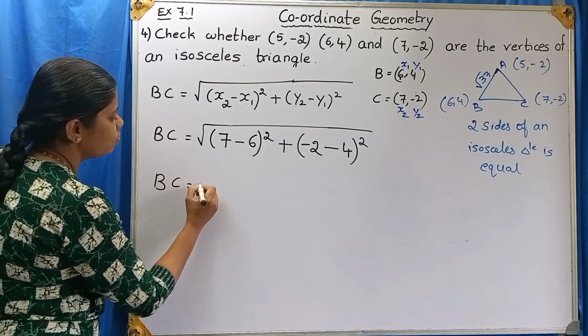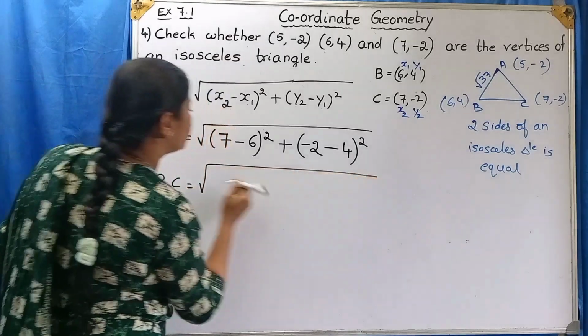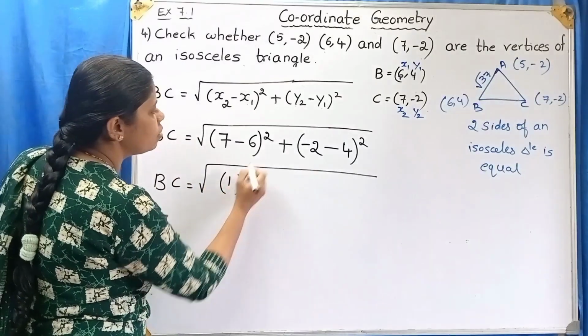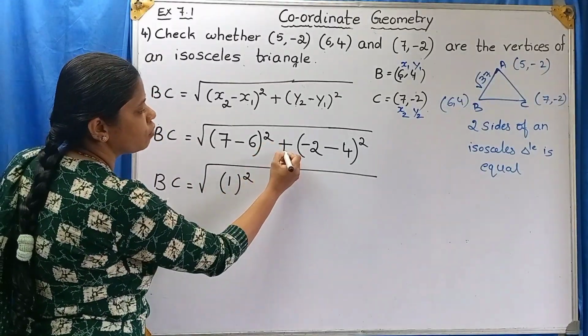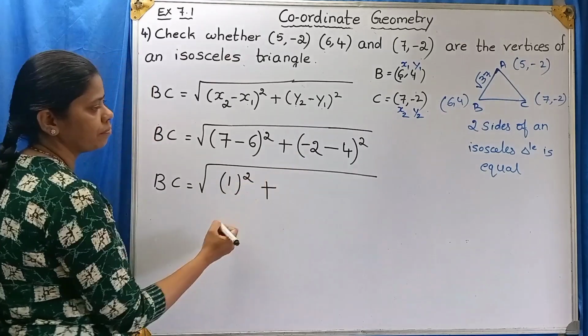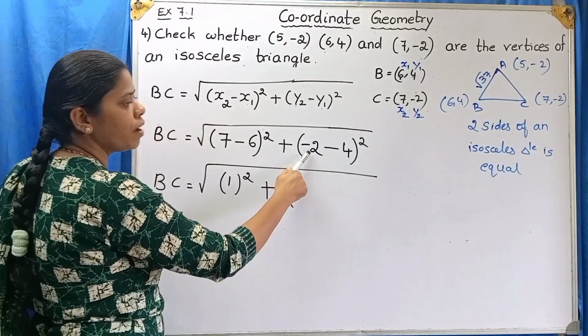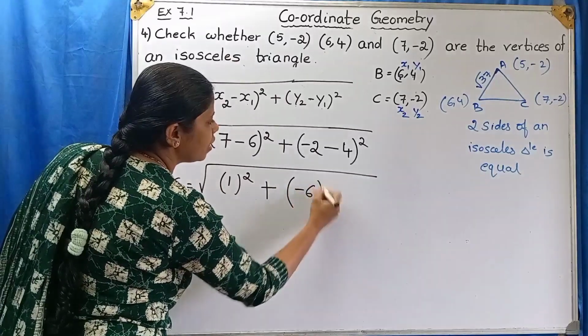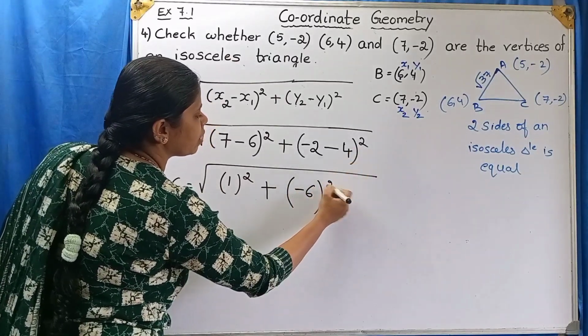BC is equal to the square root of 7 minus 6 is 1, 1 the whole square, plus minus 2 minus 4 is minus 6, the whole square.